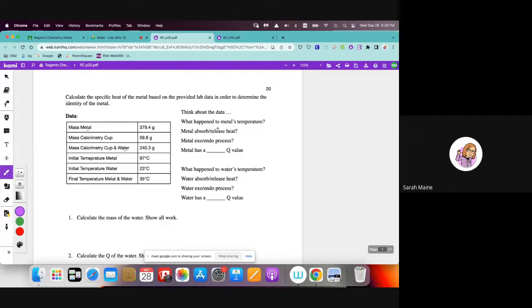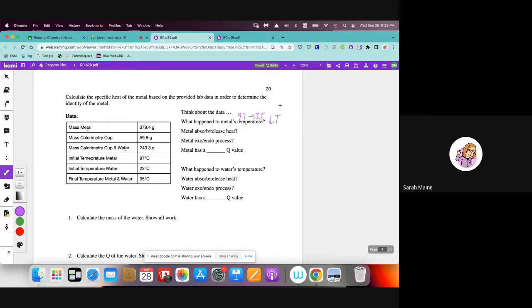Ask yourself, what happened to the metal's temperature? So when I take a look here, the initial temperature of the metal is 97, and then the final temperature of the metal is 35. So its temperature went from 97 degrees Celsius to 35. So overall, there's a decrease in the temperature.